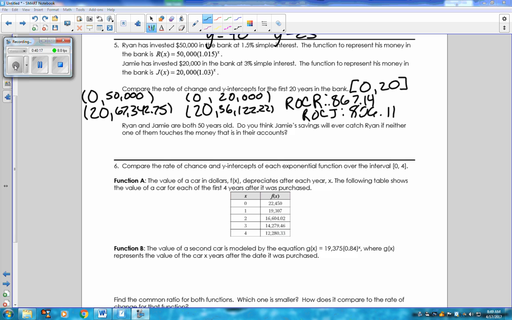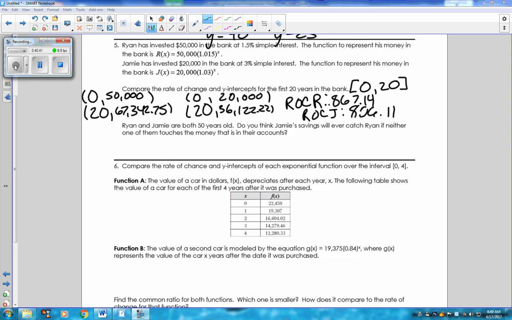Roughly, are we good? To find the rate of change, you're going to take this number, subtract that number. You're going to take 20 and subtract 0. You take the difference between those two numbers, divide by the difference of those two numbers. That's how you find the rate of change.